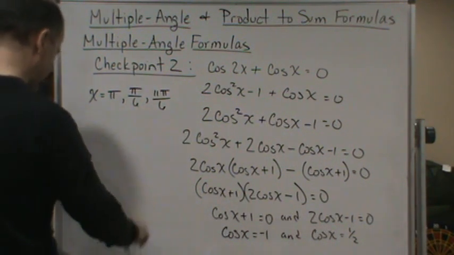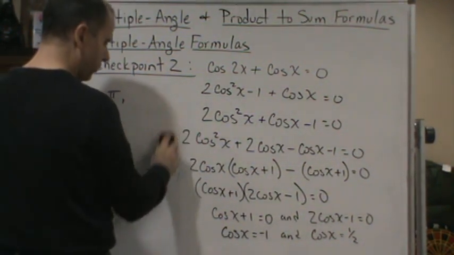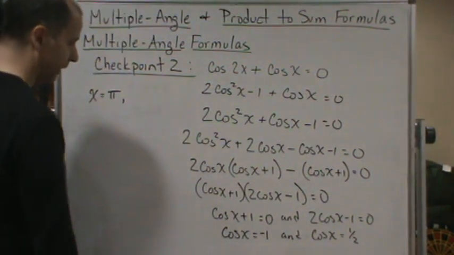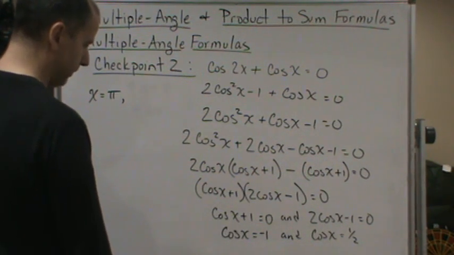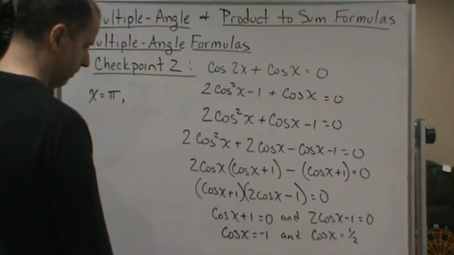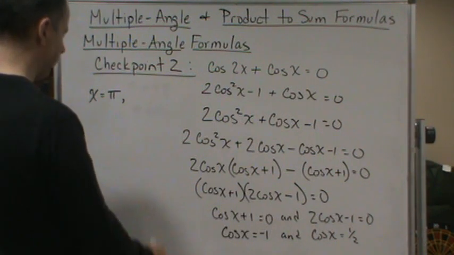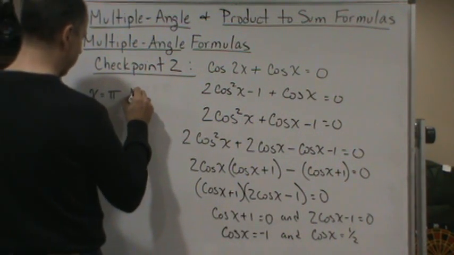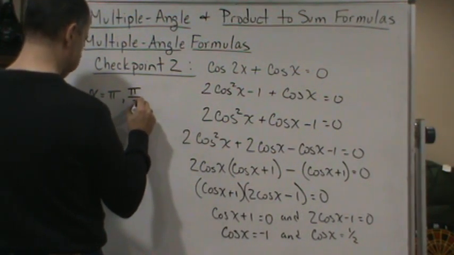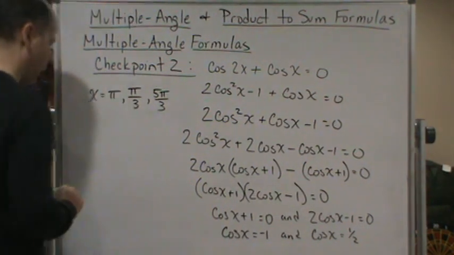Oh, no, I'm sorry. That's not a 30-degree angle. That's a 60-degree angle. Sorry, cosine. Thinking sine. So that's going to be pi over 3. So it's going to be pi over 3 and 5 pi over 3. Okay, there you go.